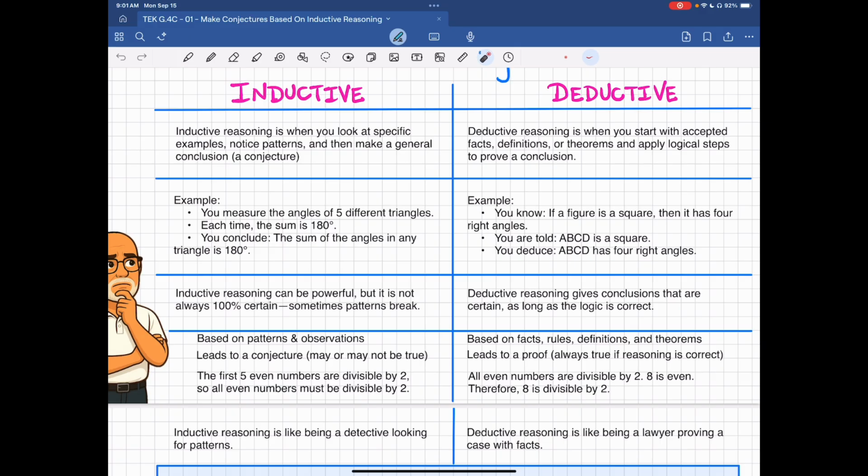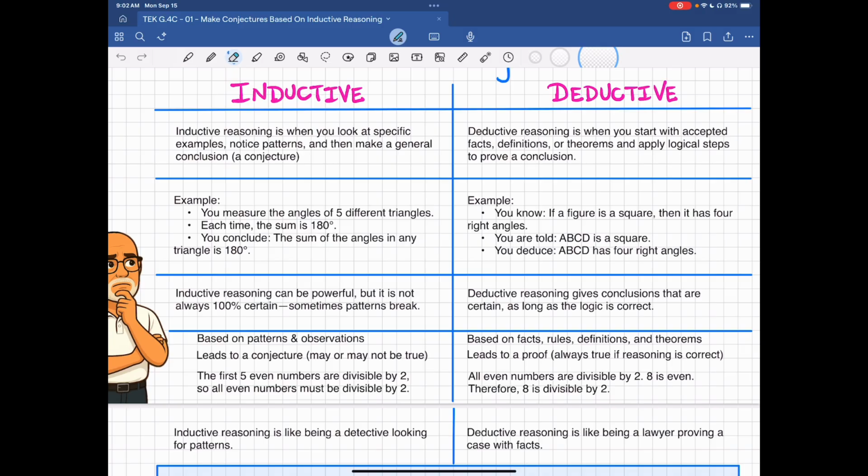An example of inductive reasoning would look like this. You measure the angles of 5 different triangles. So you get your protractor out and you measure all 3 angles. Each time you notice that the sum is 180 degrees. So if you added angle 1 plus angle 2 plus angle 3 together, you would get 180.